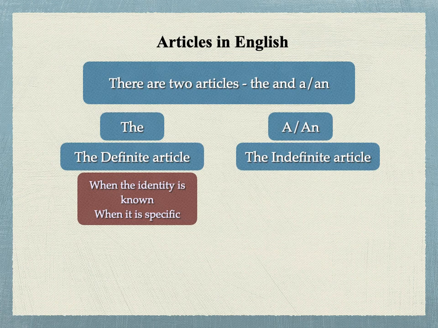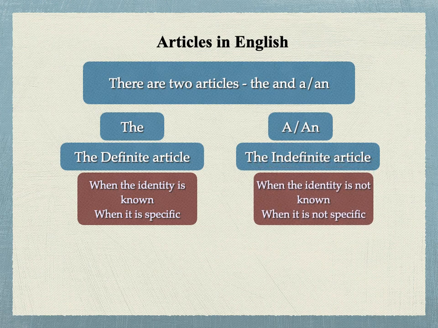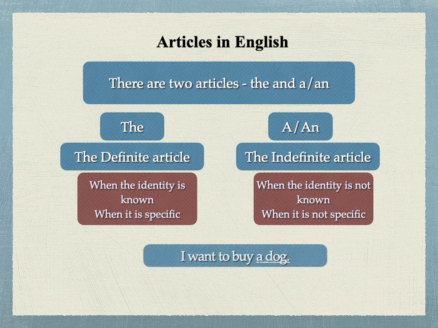When you are talking about something whose identity is known to the reader, or when you're talking about something you are specifically mentioning, the can be used. On the other hand, a and an are used when the identity is not clear, when it is not specifically mentioned. Now, you will understand this when you look at these examples.